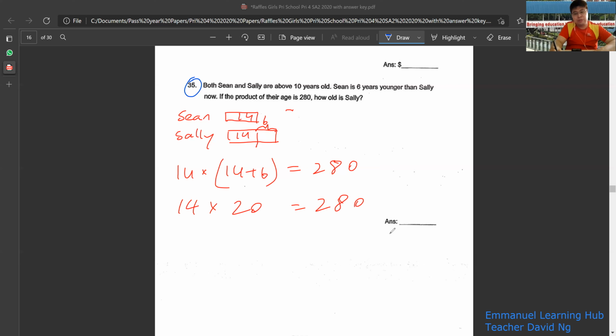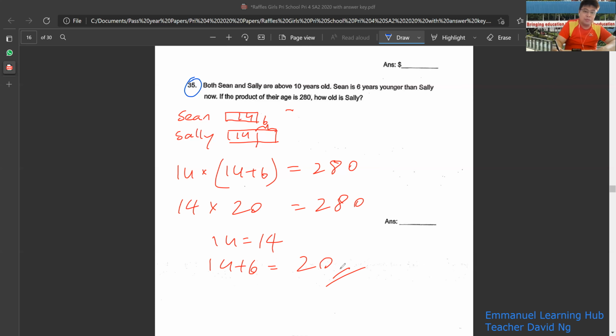Can you see that? Yes. Okay. 14 times 20 is 280, yeah. So 1 unit is 14. 1 unit plus 6 equal to 20. How old is Sally? Sally is 20 years old.